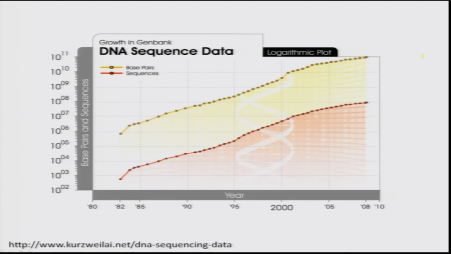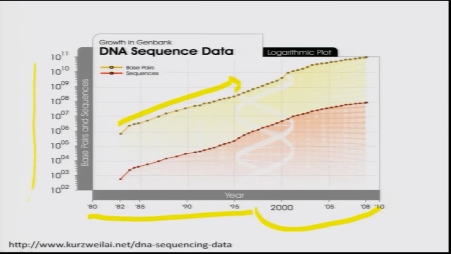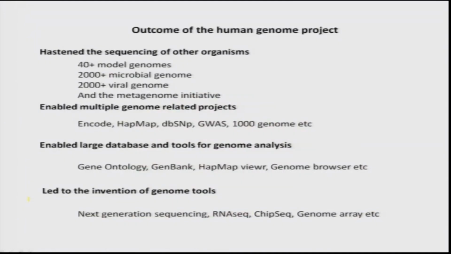Expectedly, we can see that from the 80s to 95 there is a dramatic increase in the sequences deposited in GenBank, and of course in the last decade it has really changed. What is shown here is a log scale. You have to understand that what is being deposited is increasing exponentially, right. So, that really helps us.